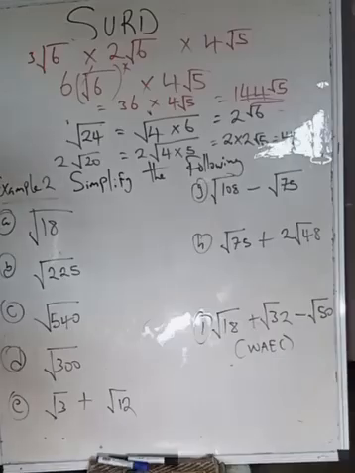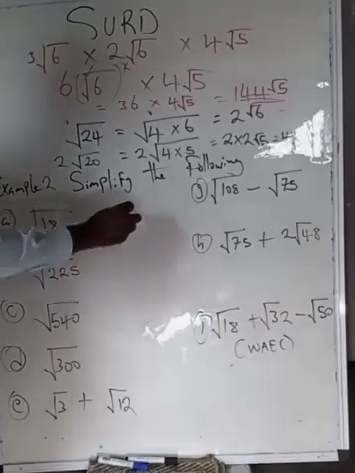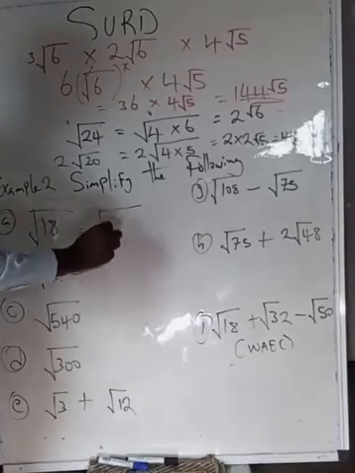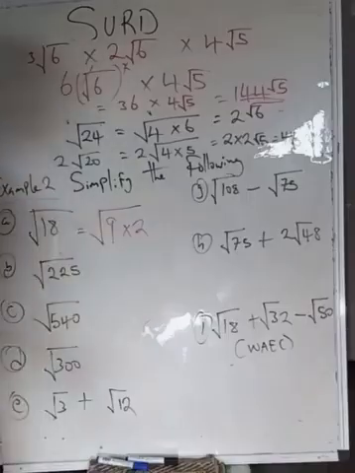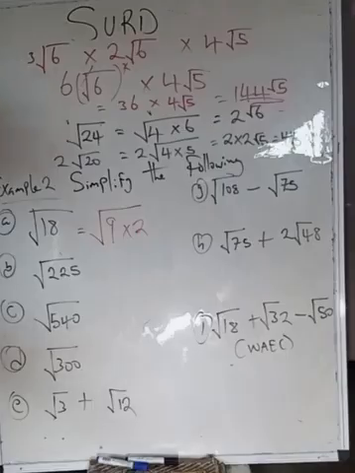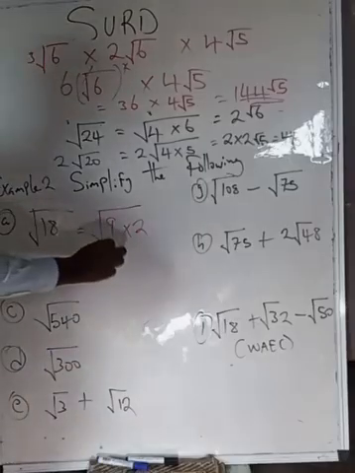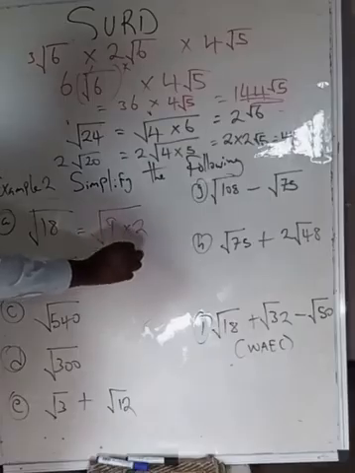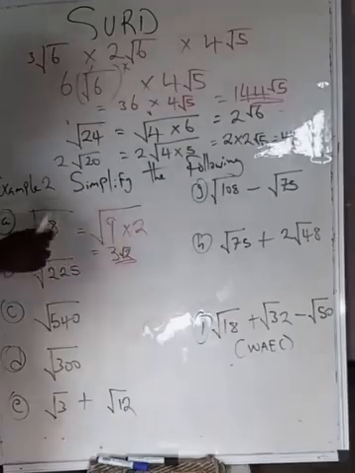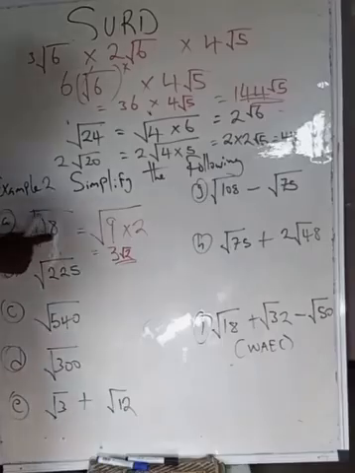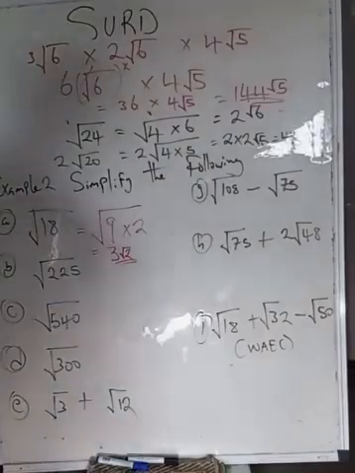But when we express this in a simpler form, we have 9 times 2. 9 times 2 will give you 18. This is simply the square root of 9 times square root of 2. Okay, and 9 is a perfect square, and the square root of 9 is equal to 3. So I can express this simply as 3 root 2. So this is the correct answer. I've expressed this as this simpler SOD.